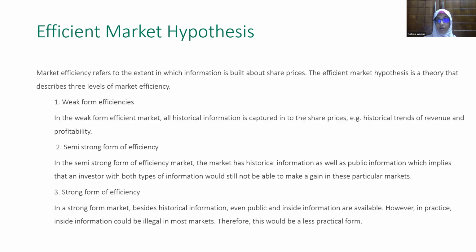However, in practice, inside information is illegal in most markets, so it would be less practical. So basically, strong form is not just the historical information and the public or current information; it is when the inside information is also captured in the share market price.